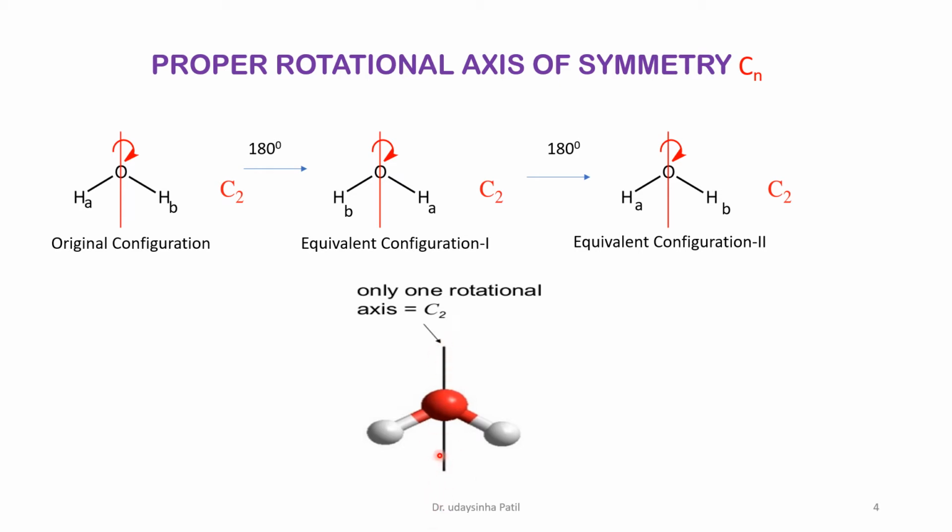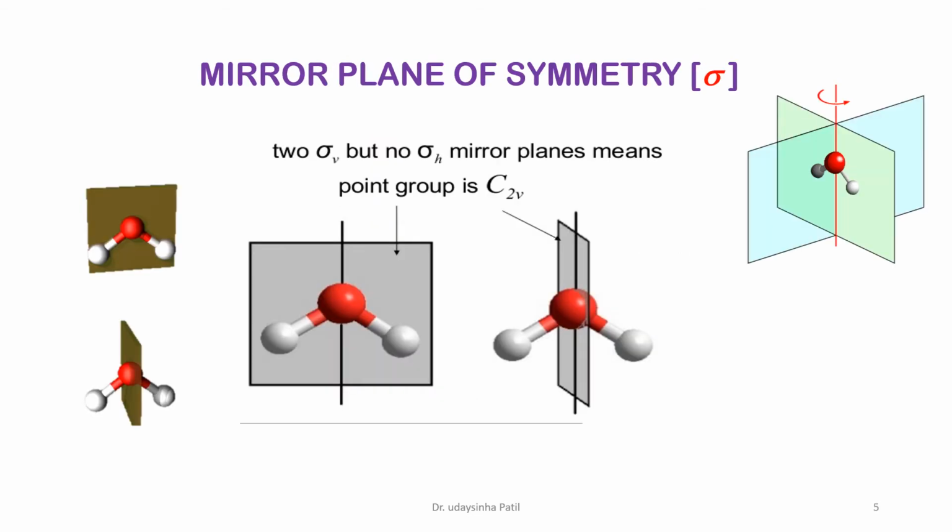Then next we have to consider the mirror plane of symmetry, that is sigma. Three types of sigma planes, mirror planes, are possible. One is the vertical plane, another is the horizontal plane, and the third is the dihedral plane.